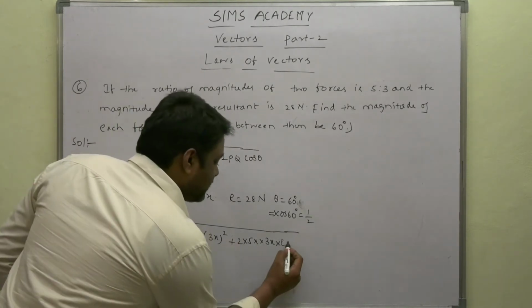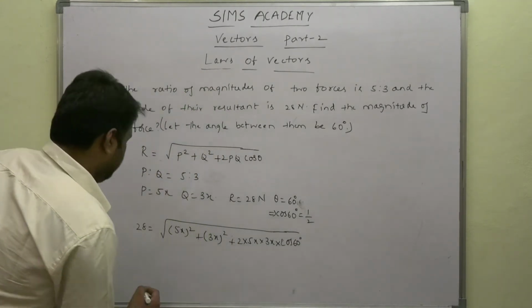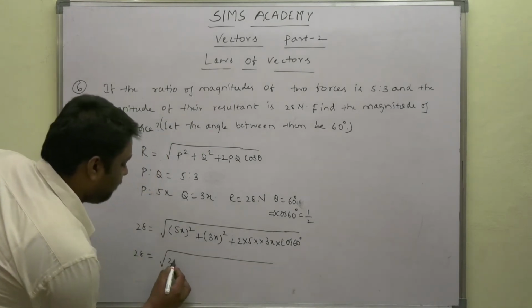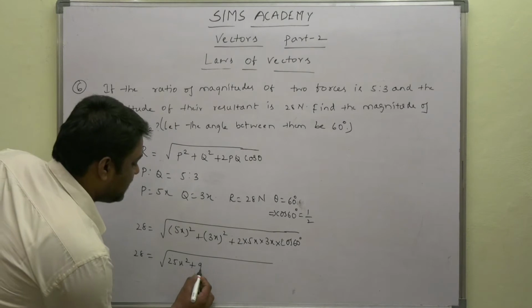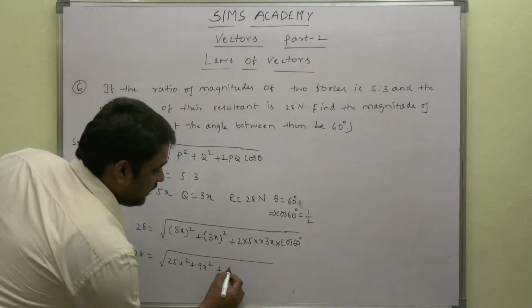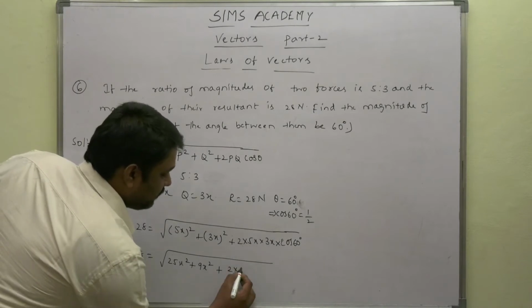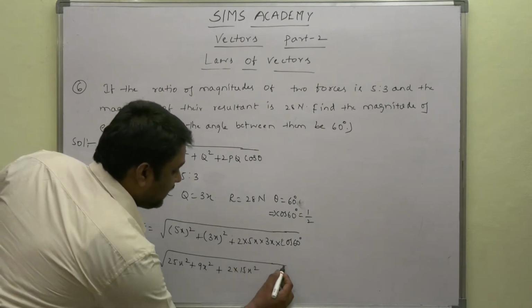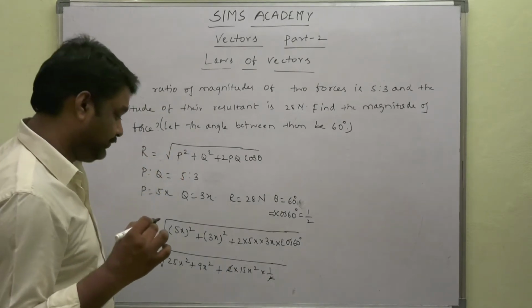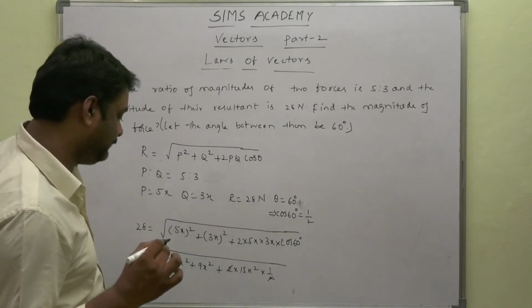We shall write in the next step. 28 equals under root of 25x square plus 9x square plus 2 into 5 into 3, 15x square, into 1 by 2. 2 gets cancelled.